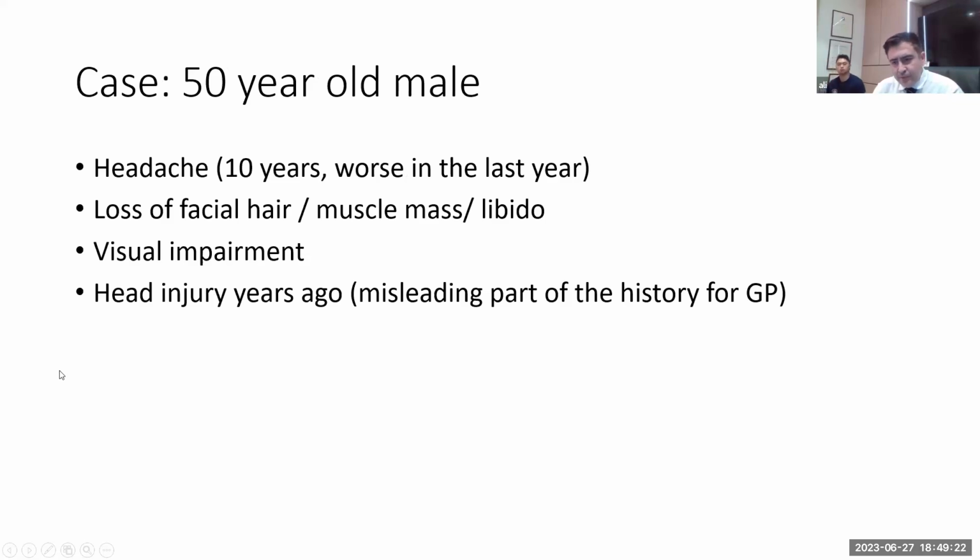So to exemplify these features, I'm presenting the case of a man, a very sad story. This guy had a head injury 10 years before presentation. He was 50 years of age. By the time he saw me, he had very, very poor vision. His doctor told him that his head injury 10 years before, when he was playing rugby, caused him to lose his vision.